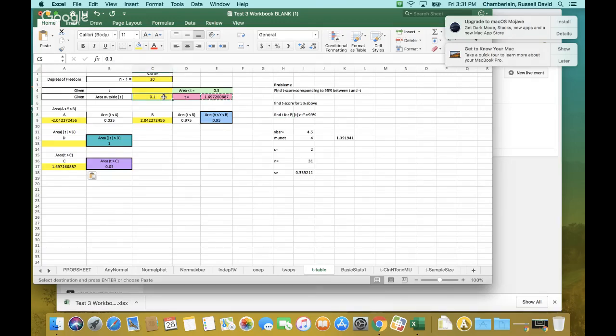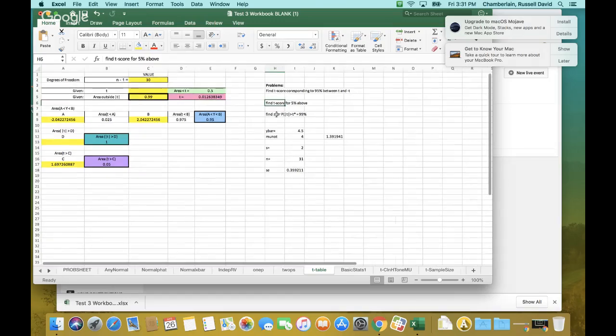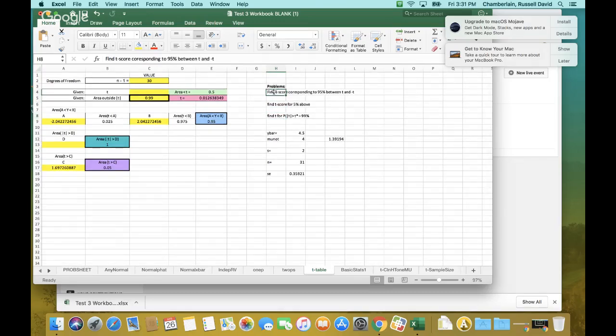So area outside, that's what I want to be 0.99. Okay. And so that t star is right there. Very small t star, right? A very narrow strip would be 99% outside, right? Okay. All right. So that was t-score for 5% above, t-score for 99% outside, and t-score for 95% between.